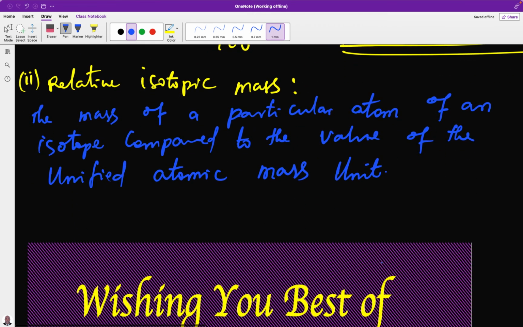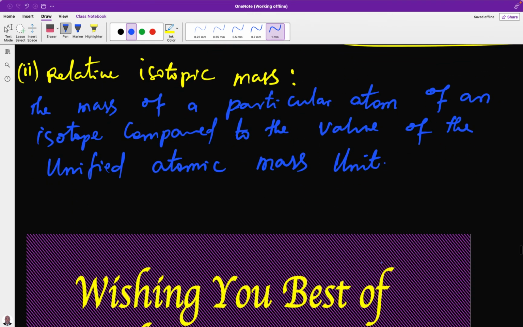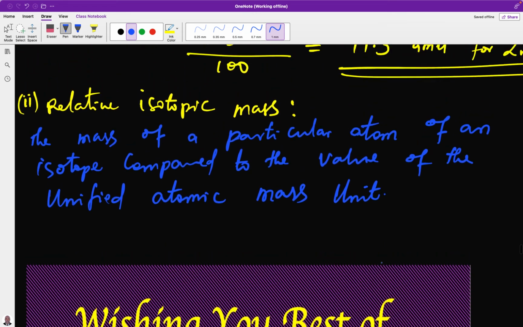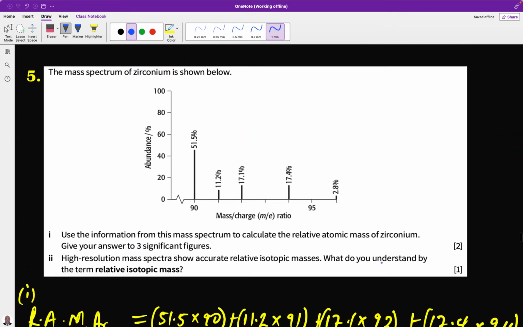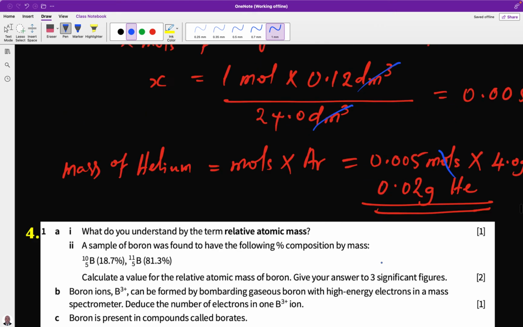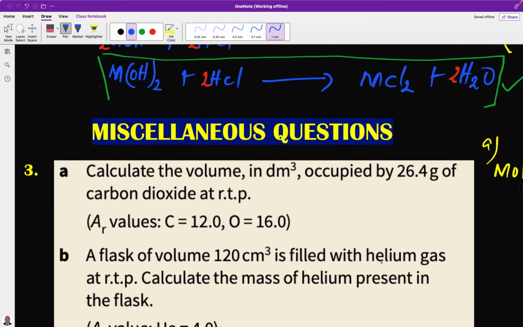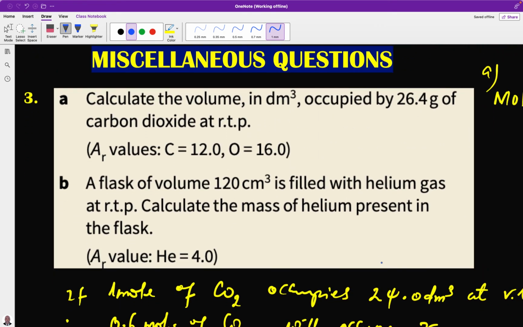So that is all I have for you today. A recap of what we have just done: we are continuing with some miscellaneous related questions on physical chemistry and stoichiometry.